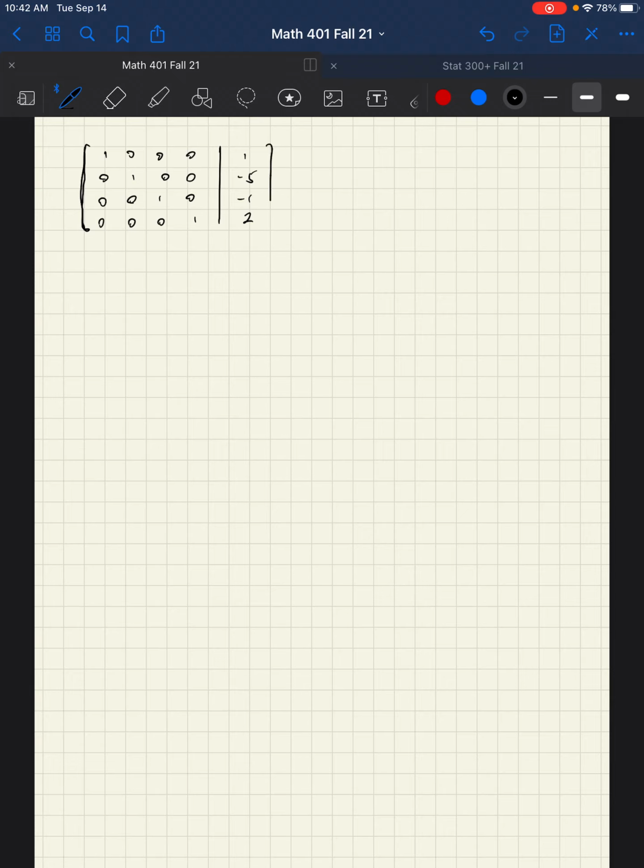And 0, 0, 0, 1, 2. Okay, not bad. Equivalently, this is the same as the system A equals 1, B equals negative 5, C equals negative 1, and D equals 2. We did it.